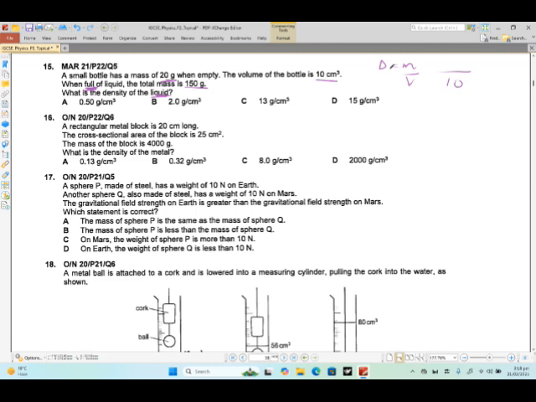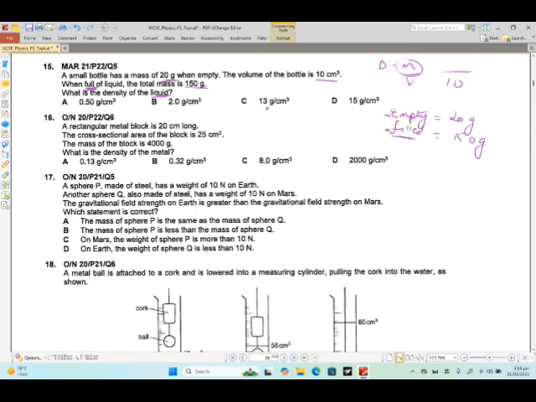We need to find our density, but in order to do so, we need to find the mass of the liquid. So we know that the empty bottle is 20 grams, and when it is filled with liquid, its mass becomes 150 grams. So the mass of the liquid would be this final value minus this initial value.